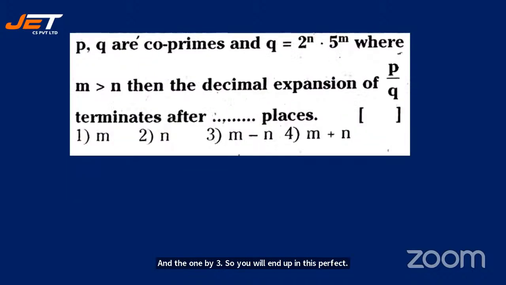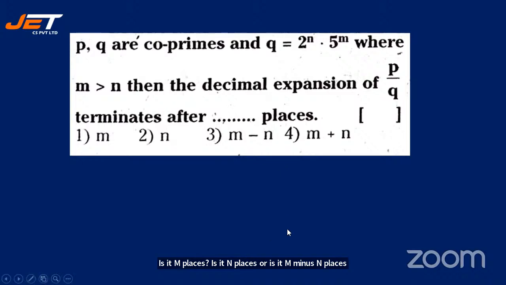P, Q are co-primes, and Q is equal to 2 power n into 5 power m, where m is greater than n. Then the decimal expansion of P by Q terminates after how many places? Is it m places? Is it n places? Or is it m minus n places? Or is it m plus n places?